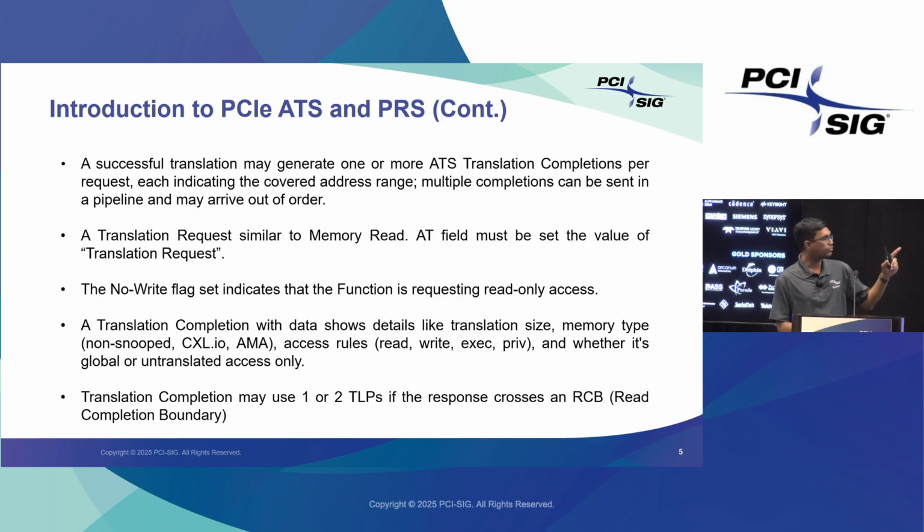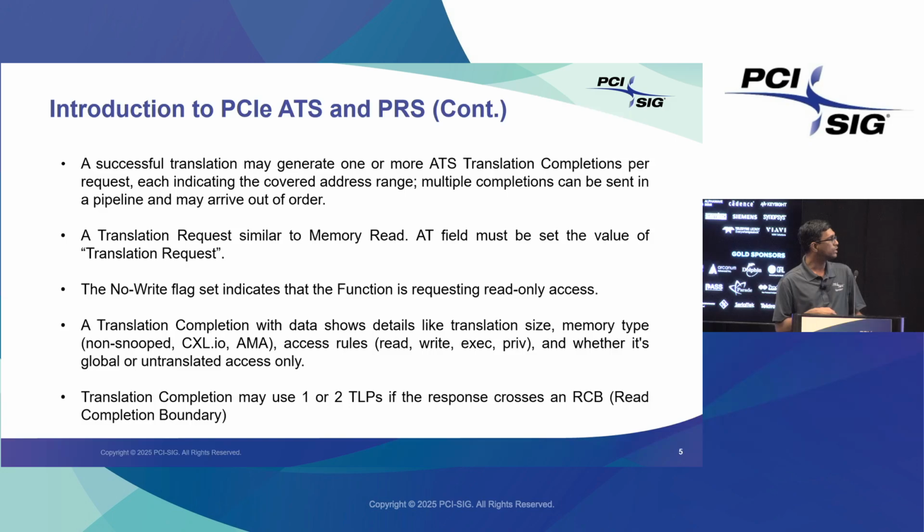A simple ATS translation request looks like a memory read only. There we have the AT field, and if you set that AT field to 01, it becomes a translation request, an ATS request. All other fields, like relaxed ordering and tags, are similar because it is a memory read request.